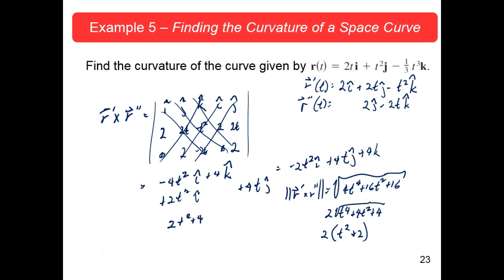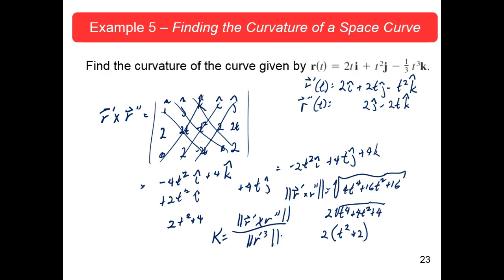That's the numerator of your curvature, the magnitude of r prime cross r double prime, divided by the magnitude of r prime cubed.